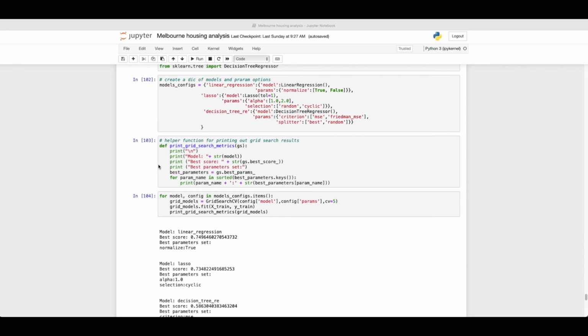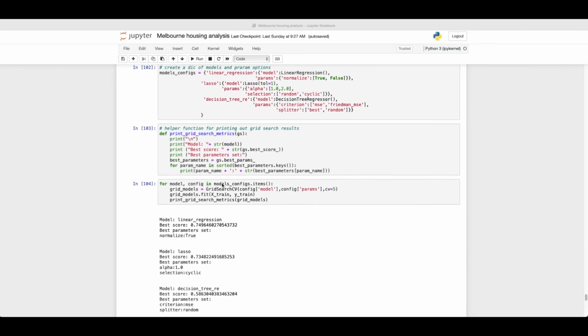It's called print search metrics. I basically just want to print out the model name, the best score of that model from the cross validation, and the best parameter set.